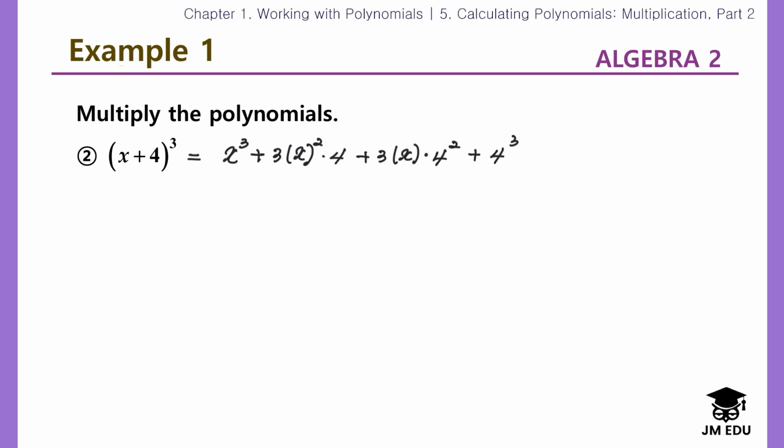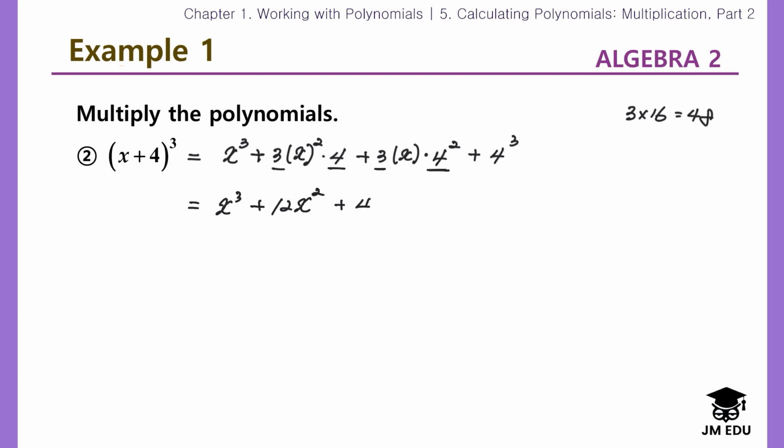For the second term: 0, 1, 2, 3. The coefficients 1, 3, 3, 1, right? So that is equal to x cubed plus 3 times 4, that's 12x squared, plus 3 times 4 squared, 16, right? 3 times 16 is 48.